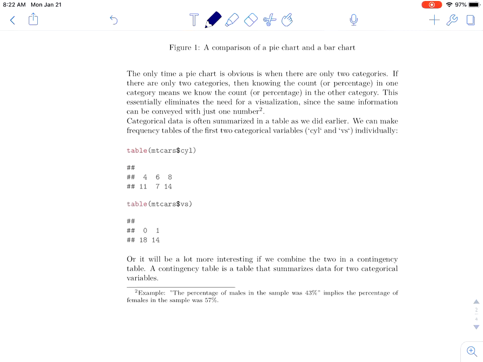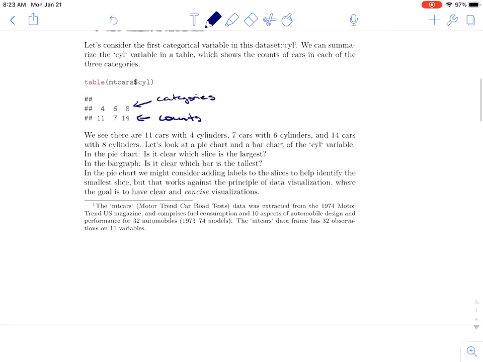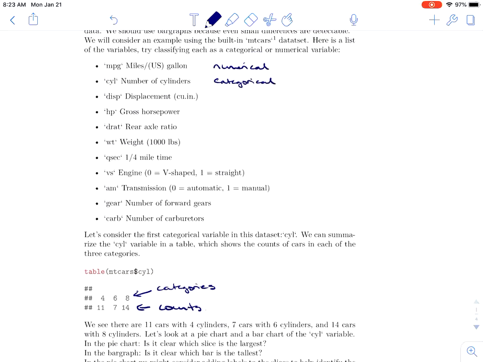So often we want to look at more than one categorical variable, right? And so if we go to the next categorical variable in the list here, we've got this VS variable, which is just if you have a V-shaped engine or a straight engine. I don't know what that means, but I'm assuming something looks like a V and something doesn't.